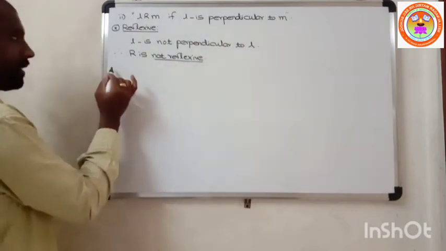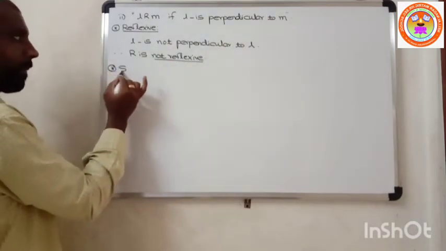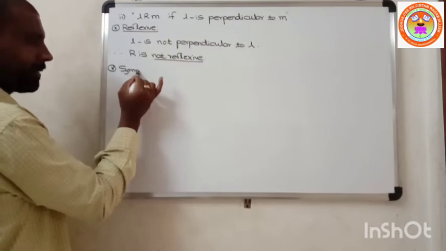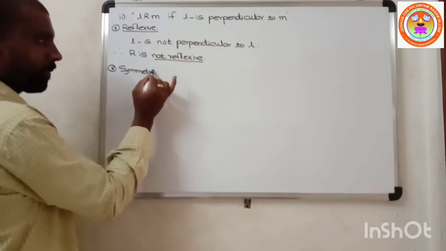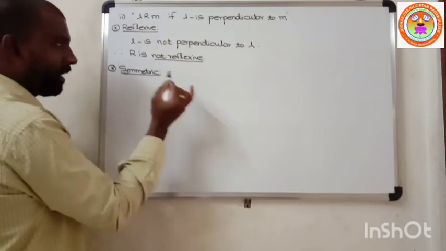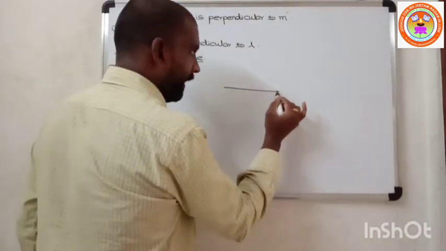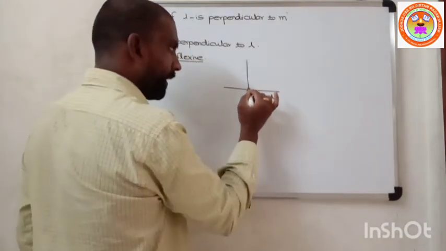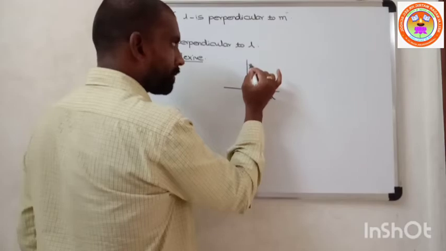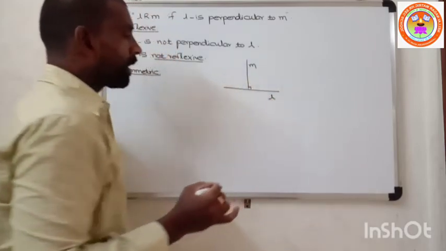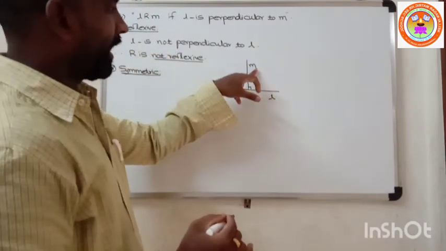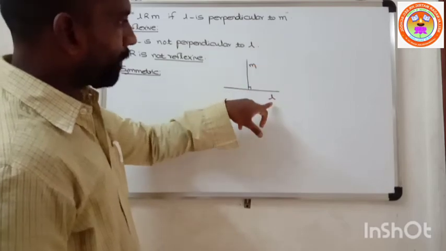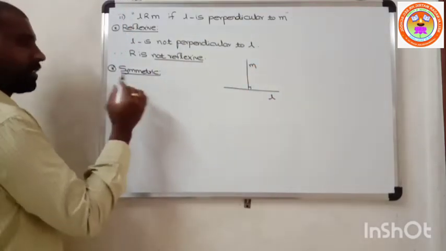Second one, symmetry. Two variables you take, l, m. l is perpendicular to m, m is perpendicular to l.